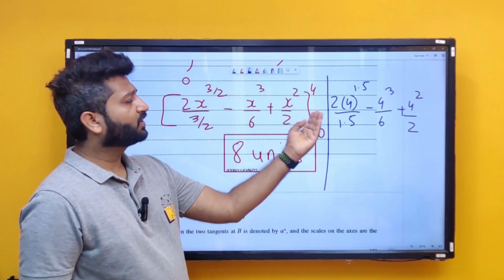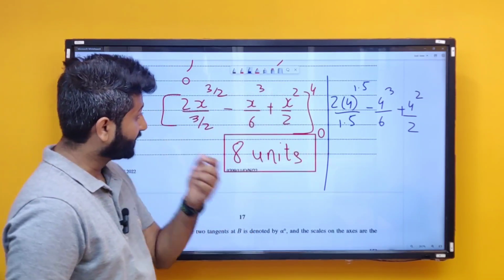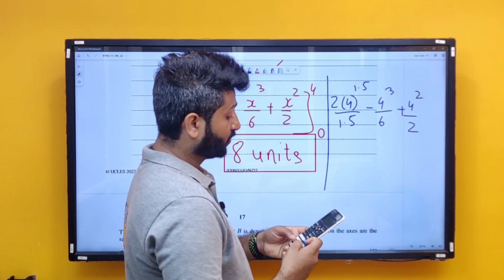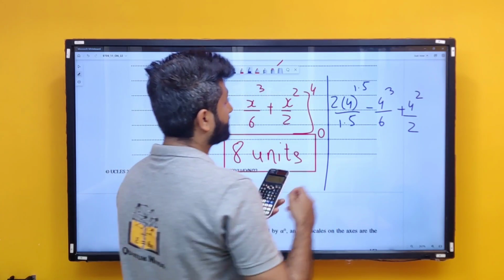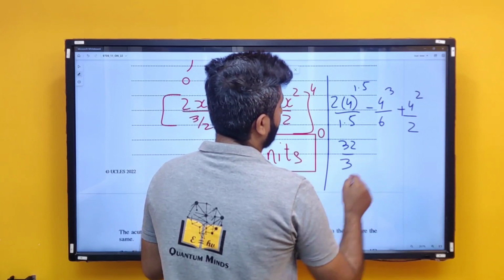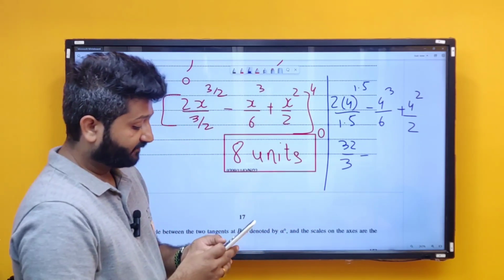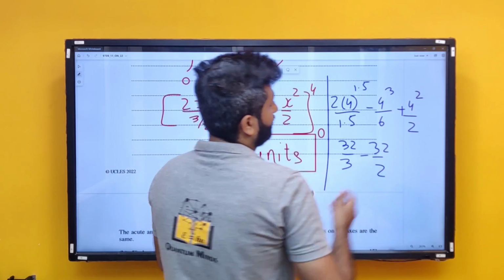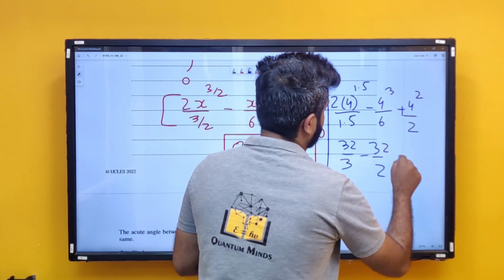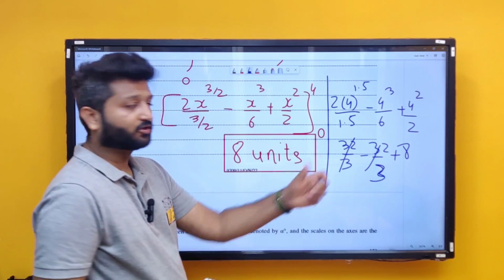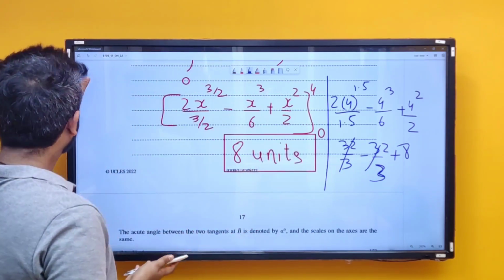Now when you substitute 0, your answer is going to be 0 only. So 4 power 1.5 into 2 divided by 1.5, this is 32 by 3. This is 32 by 3. 4 cube 64 by 6 is also 32 by 3. 4 square is 16, 16 by 2 is 8. So 32 by 3, 32 by 3 will get cancelled, we will be left with only 8.